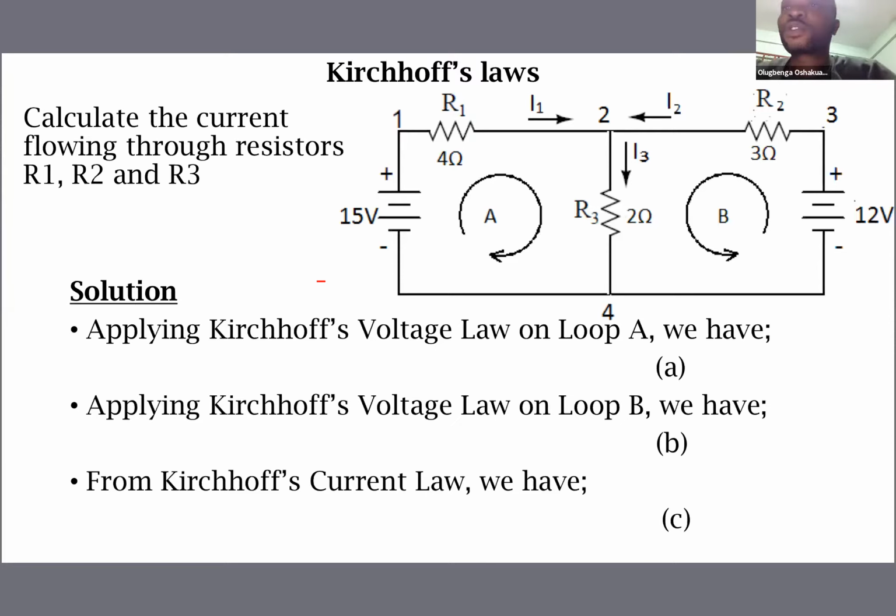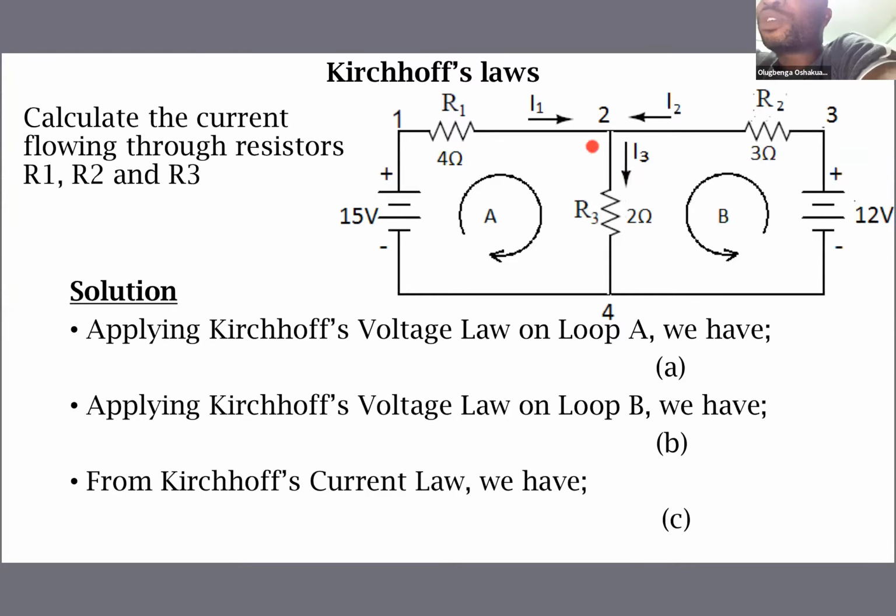The Kirchhoff's current law tells us that the algebraic sum of current entering a node is 0. And this problem is already half solved because we've been provided with the direction of currents I1, I2, and I3.